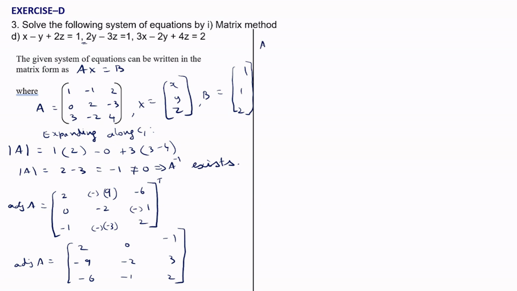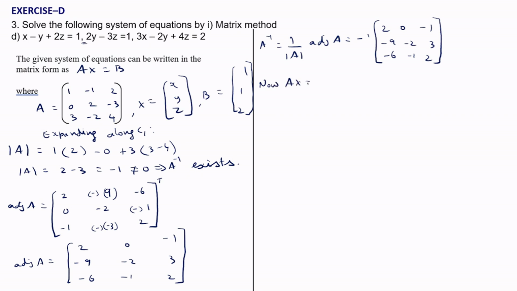Now A inverse equal to 1 by determinant of A into adjoint of A. So this is equal to, determinant of A is minus 1. So it is minus 1 into 2, 0, minus 1, minus 9, minus 2, 3, minus 6, minus 1, 2. This is A inverse.